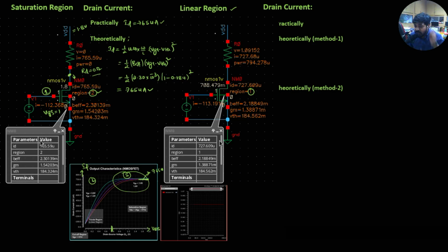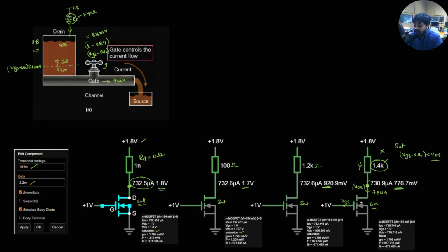Now we go to the next case, when the transistor is operated in the linear region. When the resistance is very high, it limits the current heavily. When it limits more, the water which comes here is very limited, so the water level will be reduced.